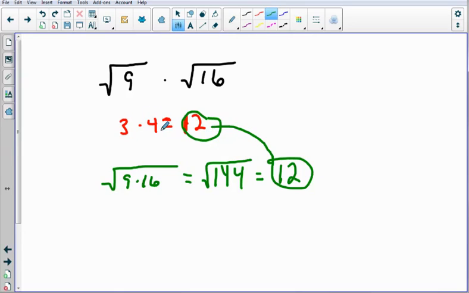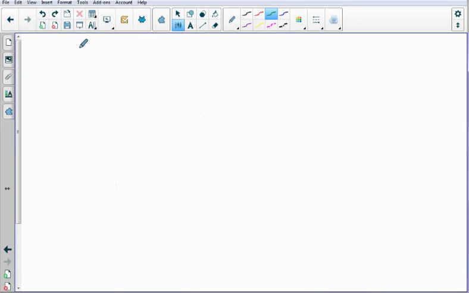We'll go ahead and do one more example here, because sometimes they don't come out that easy. Let's do the square root of 25. We know that's 5, times the square root of 36. We know that's 5 times 6, which is 30. But we're going to put the whole thing under a radical.